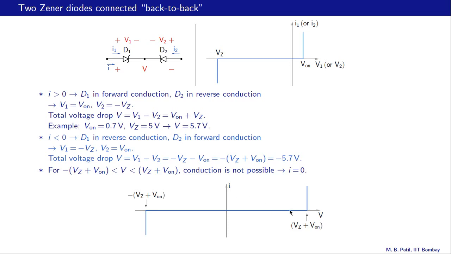So that is I, that is V, no current between these two limits, and at V equal to Vz plus V on, the combination starts conducting in the forward direction. For V equal to minus (Vz plus V on), it starts conducting in the negative direction.